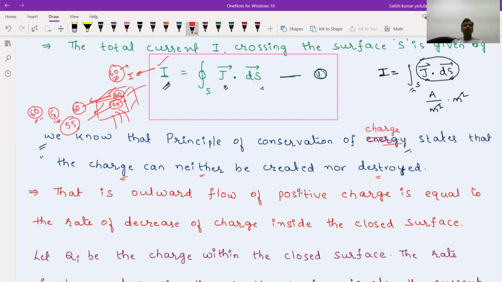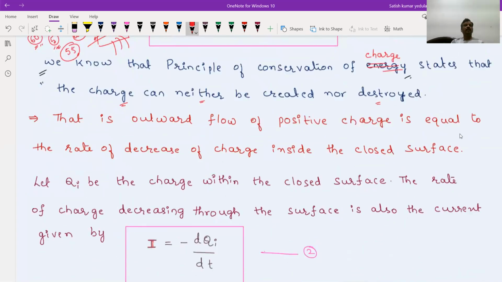It actually means the outward flow of positive charge is always equal to the rate of decrease of charge inside the closed surface, because we know very well that rate of change of charge is always denoted by I. Whether it is a rate of increase or decrease is immaterial, but the rate of change of charge will always give us current, and we will write that rate of decrease or increase in terms of current.